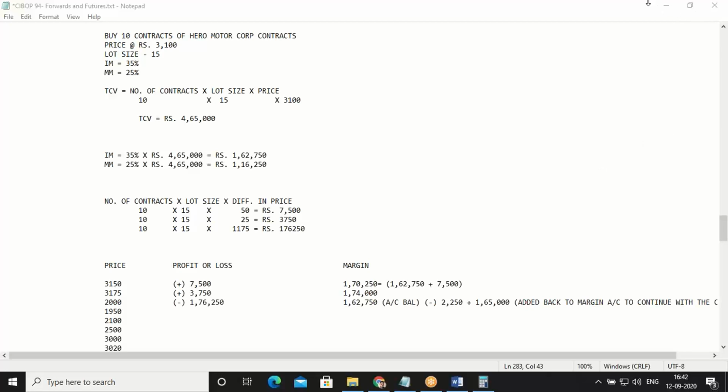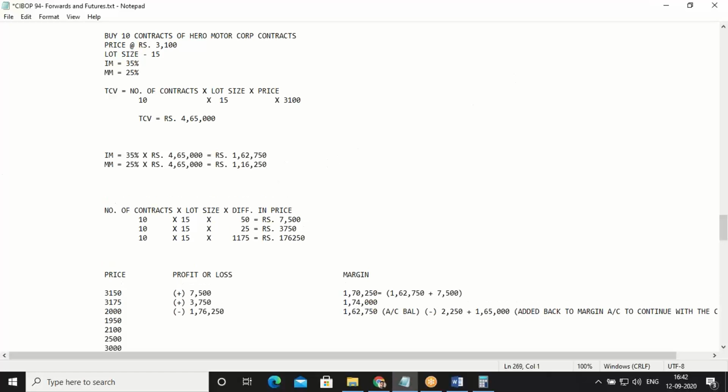So again, I'm telling you guys, if your account balance goes below maintenance margin, a margin call will be triggered and you need to bring it to initial margin. Even if your account balance goes to, let's say, 1,16,249 rupees, a margin call will be triggered and you need to bring it to initial margin.